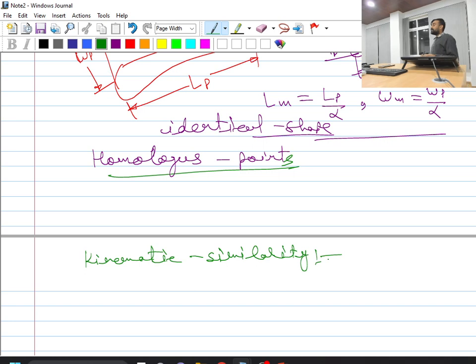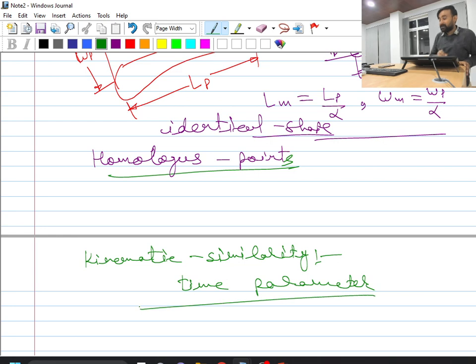Now, once I am saying that my model and prototype are satisfying kinematic similarity, then along with the scaling of the length parameter, I now also have to consider the scaling with the time parameter. Okay, so I have to bring the time parameter into the picture. My time parameter should also have similar scaling.